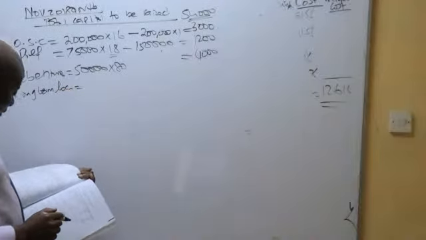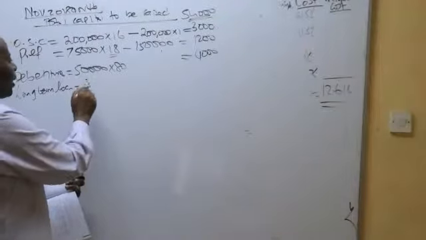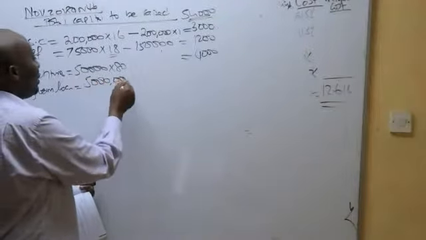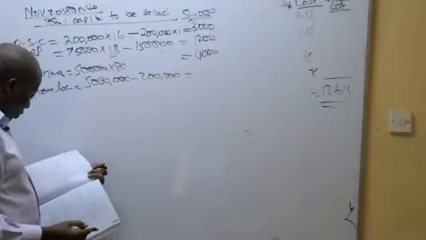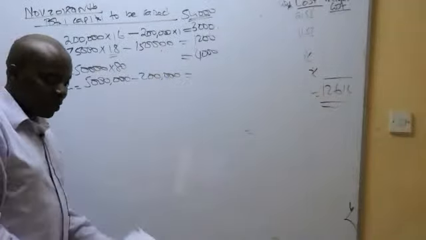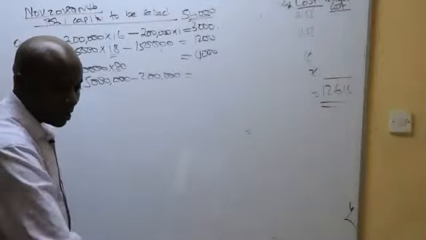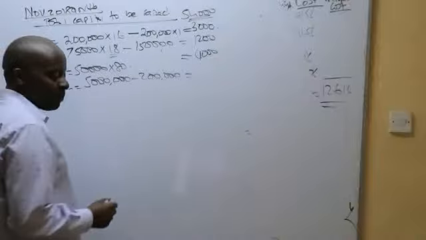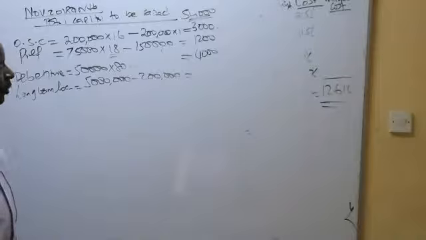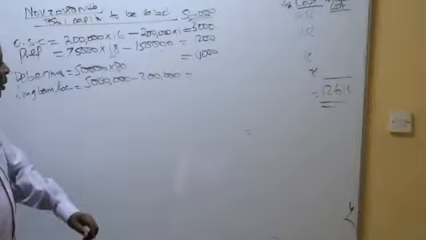It's 5 million, but here we have got 200,000 as flotation. So I'm being given 4 million. No, that is for debentures.